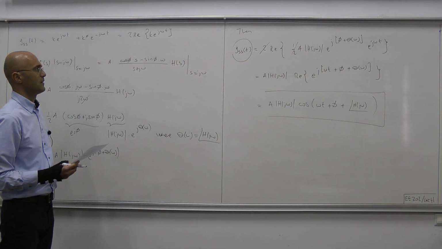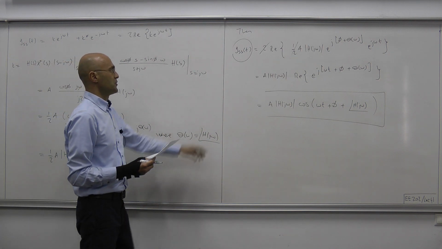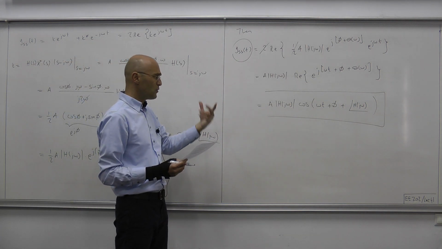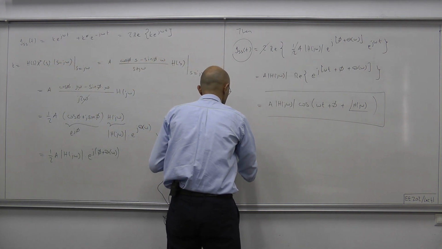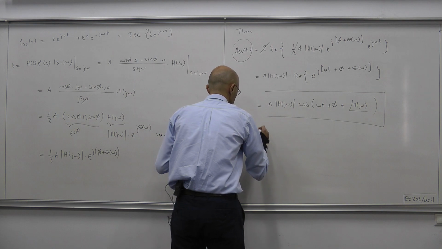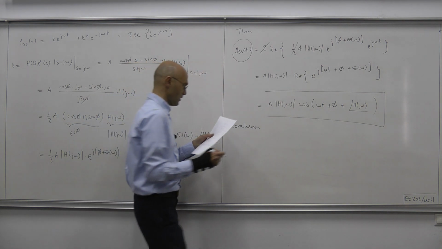So that's a very neat expression of the steady state solution in terms of the transfer function. So let's write down here the very important conclusion that we have reached.